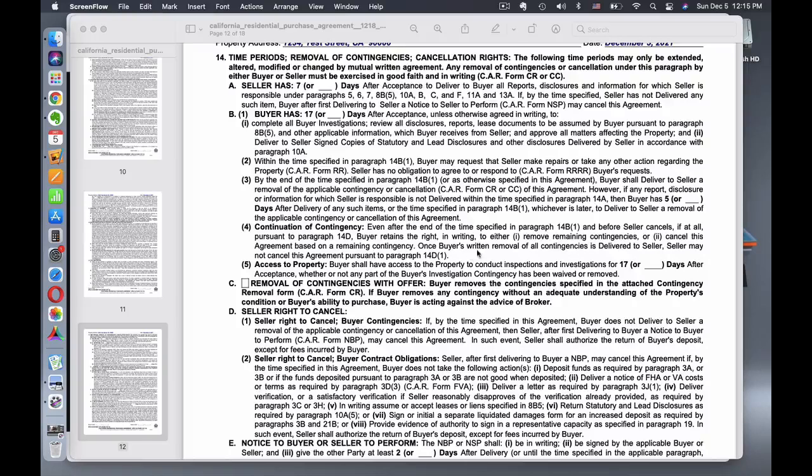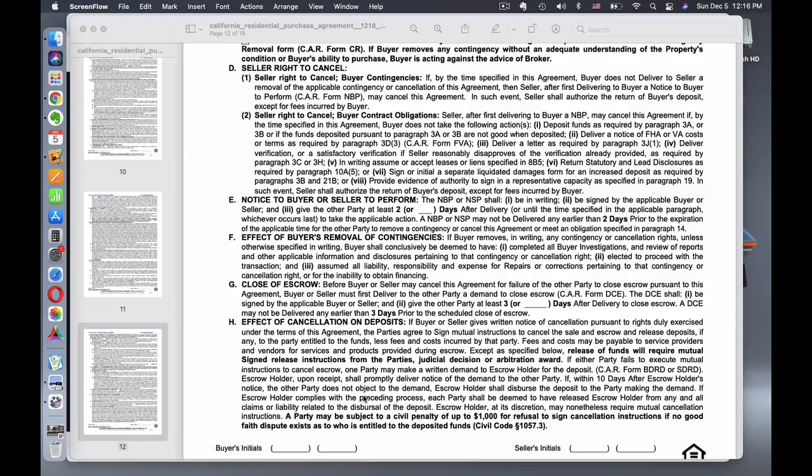Once buyer's written removal of all contingencies is delivered to the seller, seller may not cancel this agreement pursuant to paragraph 14D1. So once you remove all your contingencies as the buyer, the seller just can't arbitrarily run around and try and cancel this agreement. And so we'd have to go to paragraph D to determine what the seller's cancellation right is, if they have any, or they could be obligated to sell the house.